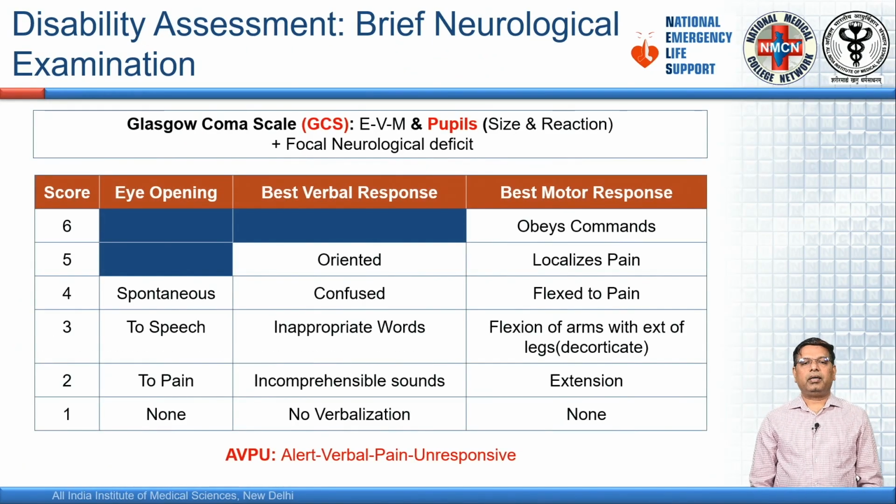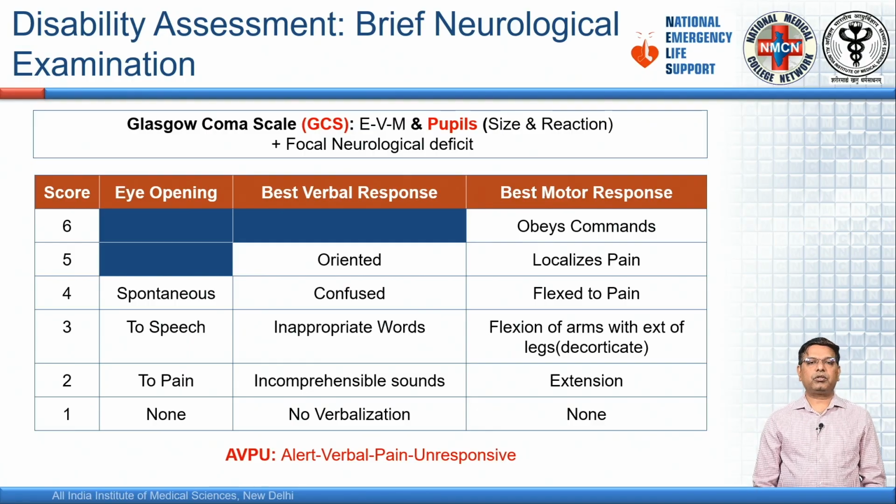Coming to the disability part, so we spoke about a very simple way to assess the brain function, that is the AVPU, whether the patient is alert, responding to verbal stimuli or painful stimuli, or unresponsive. But ideally we should be practicing the Glasgow Coma Scale, that is the GCS, which has 3 components: the eye opening, the verbal response and the motor response.